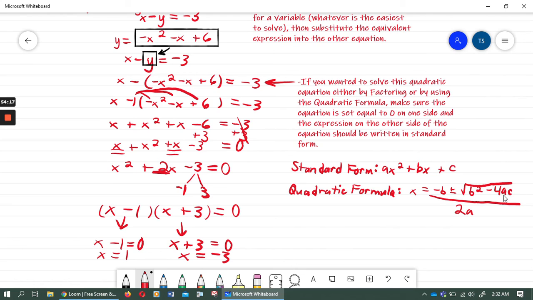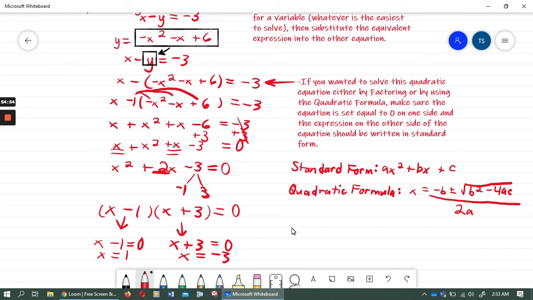If that number up under the square root is 0, that's the only time that you're not going to have two solutions. And the real reason why you get two solutions is the same reason why there's a plus or minus symbol in that quadratic formula. Plus or minus means that there are two versions of this answer. So these are your two solutions for this particular quadratic equation.